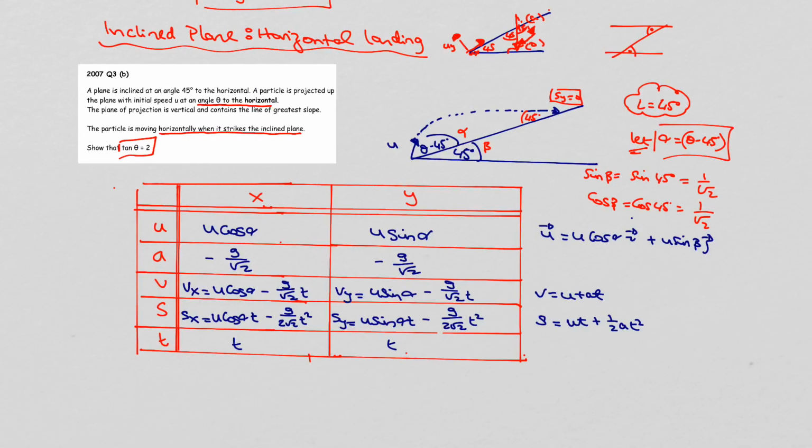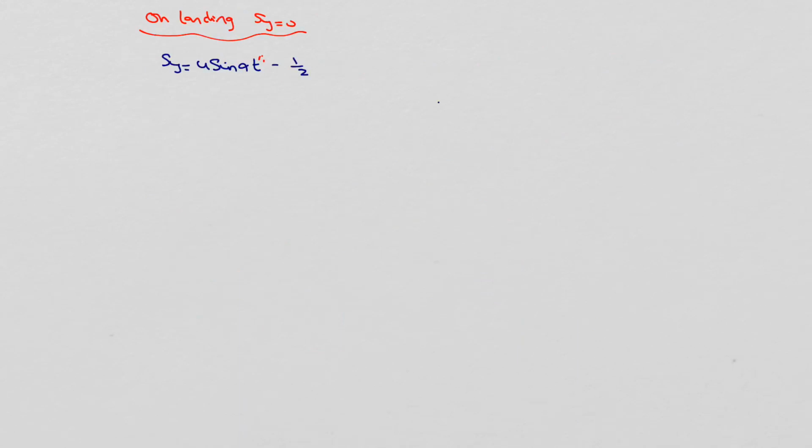Sy equals 0. So Sy we saw there was u sine alpha t minus a half g over 2 root 2. Sorry. So minus g over 2 root 2 t squared. So I'm going to let that equal to 0.